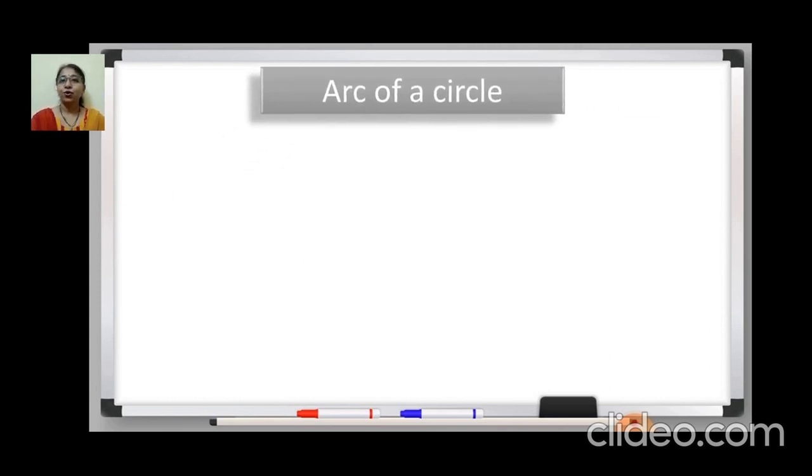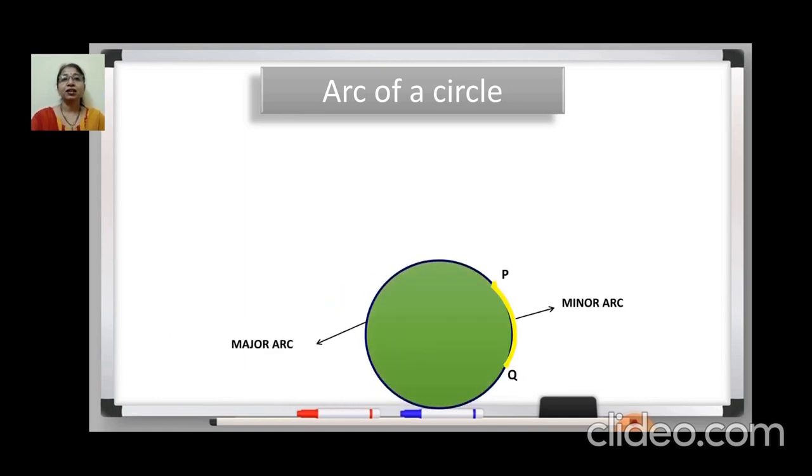Now, arc of a circle. So I am revising all those concepts which are required in this chapter. This we have already learned in circle chapter. So what is arc of a circle? So here is a circle. It is the part of the circumference of the circle. See here, if you take any 2 points on the circumference of the circle, so that piece of the circle is known as arc.